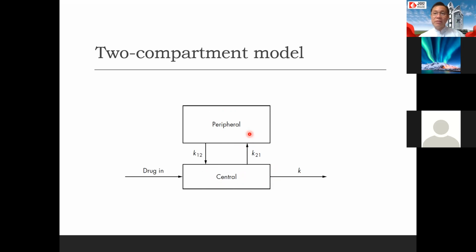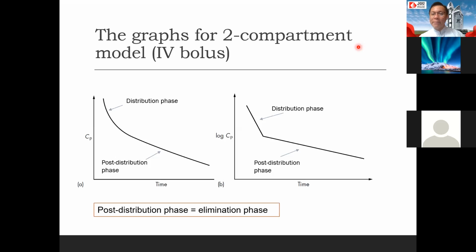When we do calculation, we have to calculate both the central and peripheral. So the two compartment model is a little bit more complicated. The one compartment is the simplest one. But most drugs actually follow the two compartment model, because the drug will go to the tissue, and it is in the tissue that we need the drug, correct or not?